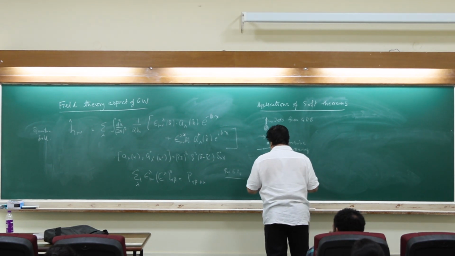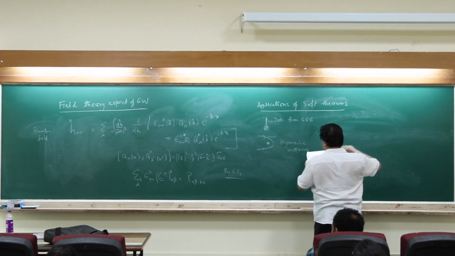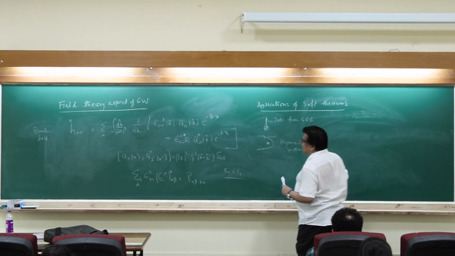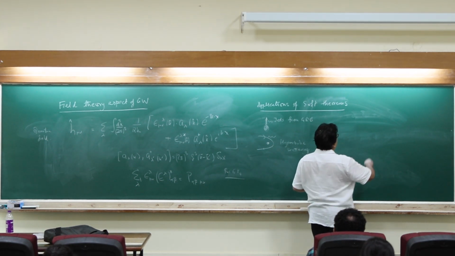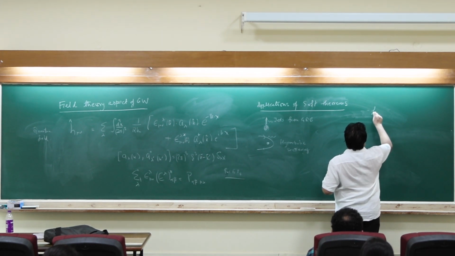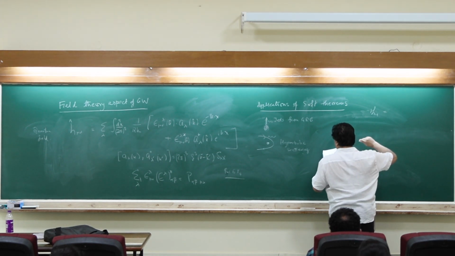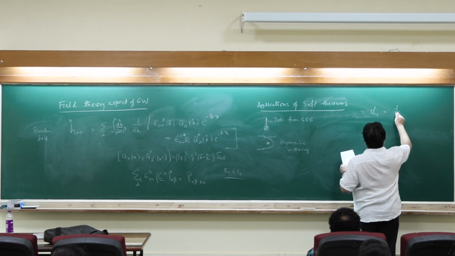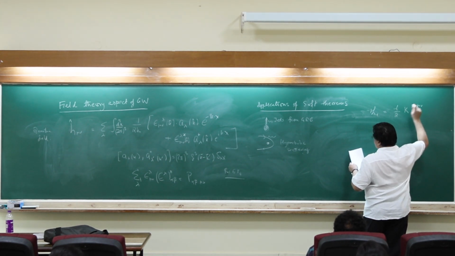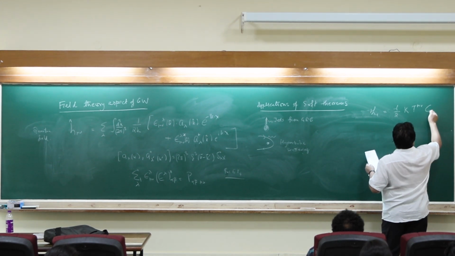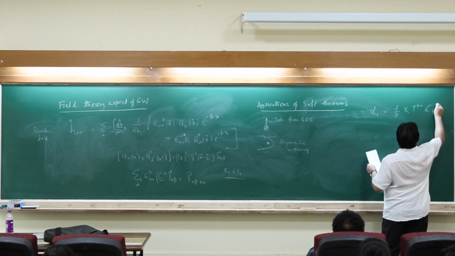So I think I have some space here. Given the action, I can write my interaction vertex, L_i.